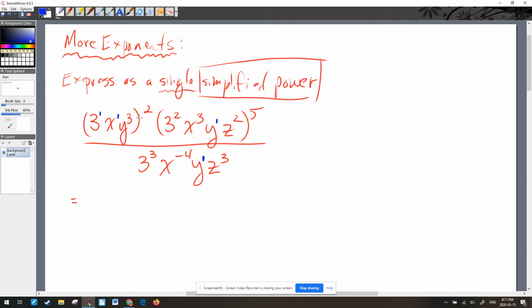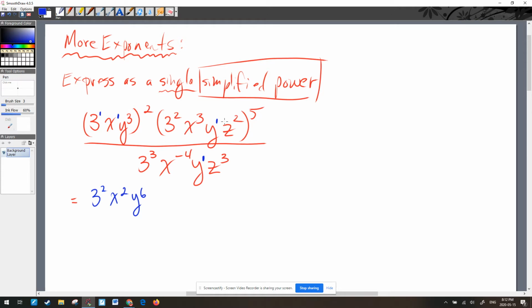Okay, so then we're going to simplify the powers first. So when we have a power, or in this case, a few powers, to an exponent, we simplify by multiplying the exponents. So the first step is going to be 3 squared x squared y to the sixth. Okay, and then we're going to do the same thing over here. And also it's worth noting that after I expand a power to an exponent, we get rid of those brackets. Okay, so same thing here.